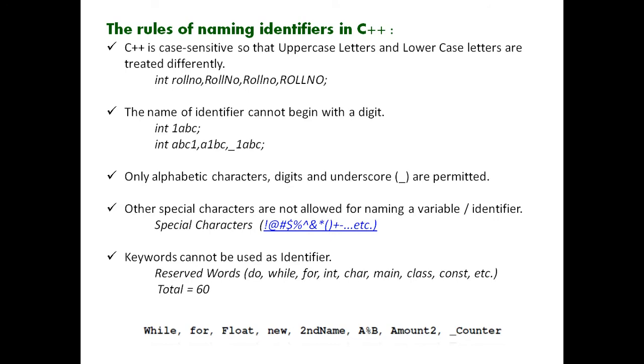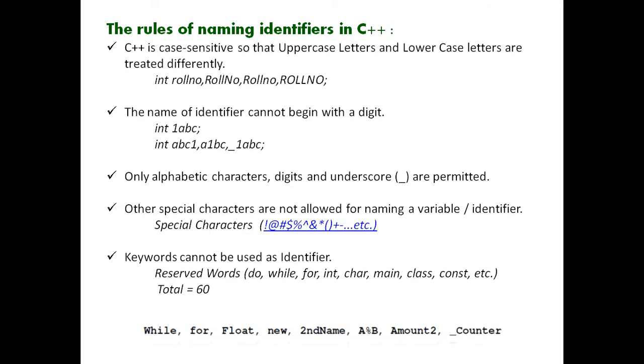Next we have a%, b%. % is a special character, it cannot be used, so it is also invalid. Amount is a variable starting with an alphabet, so it is valid. In the last identifier, underscore is also allowed as the first letter of the identifier name, so this is also valid.